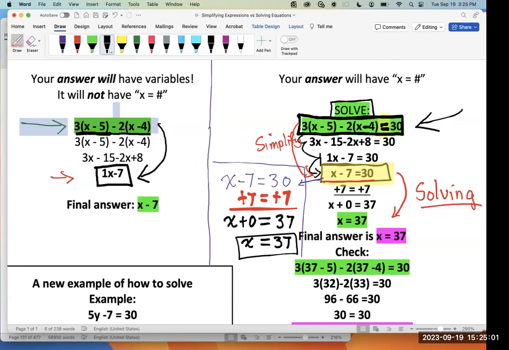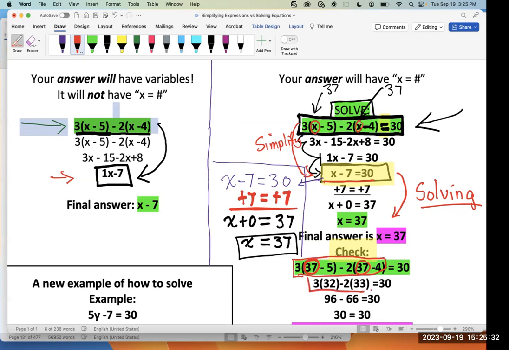X equals 37 is the solution because when I replace my x in the original equation by the number 37, the original equation will be true. And so here I am. If I check my work, I have put 37 in place of the x, and then I simplify the expression on the left.